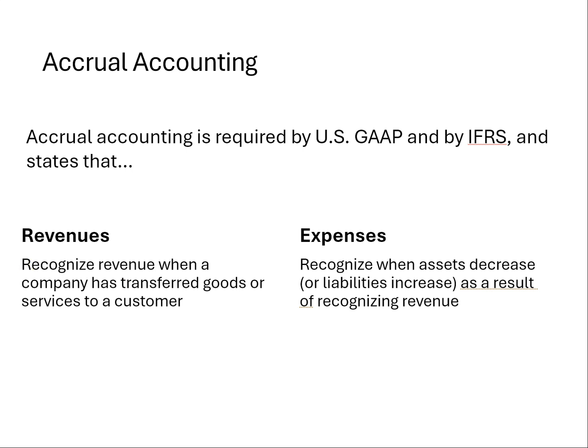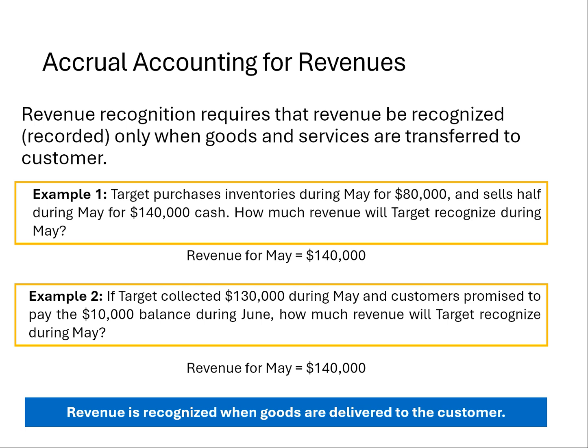So let's see some examples of accrual accounting. First, accrual accounting for revenues. The company purchased inventory for $80,000 and sold half during May for $140,000 cash.